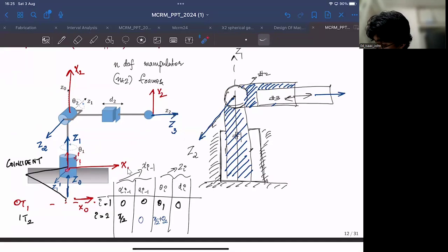So this offset, Z1 dash and X1 dash, is aligned with Z2 and X2, but there is no way to compensate for this offset because our only remaining transformation is along Z2. This is our only remaining transformation, and our requirement is along this axis. So that makes it a bit impossible.